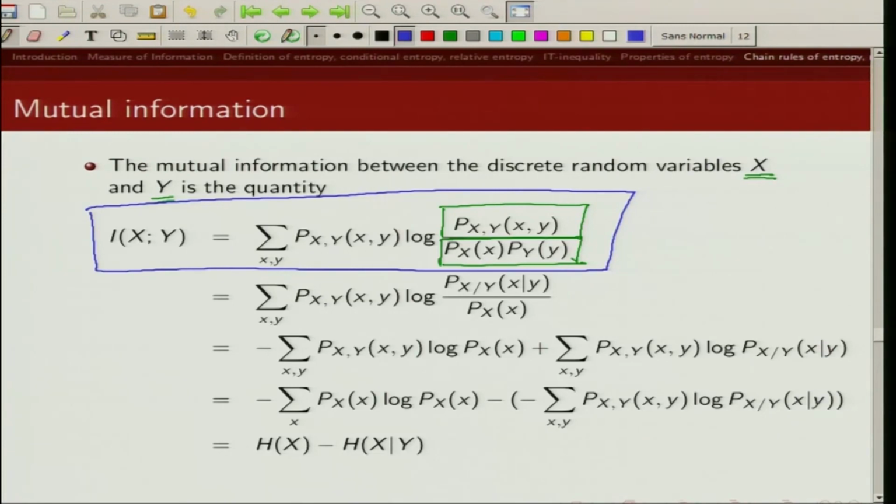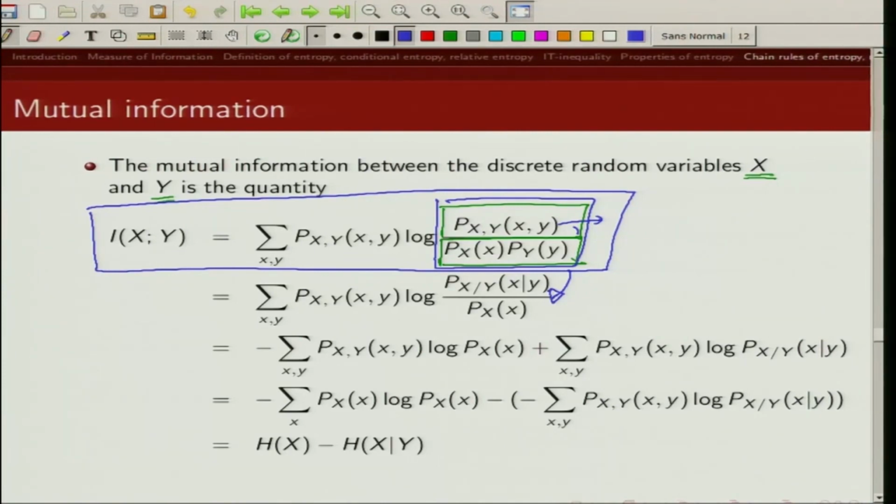Now we can write this joint distribution in terms of conditional distribution. We can write this as probability of x given y times probability of y. So then this particular term can be written like this.